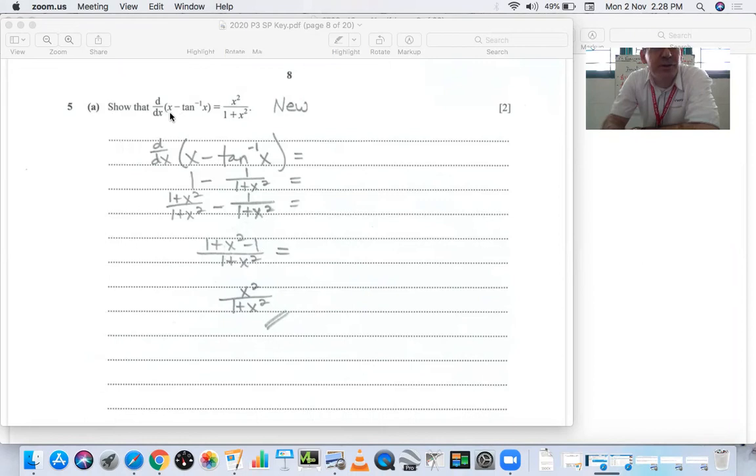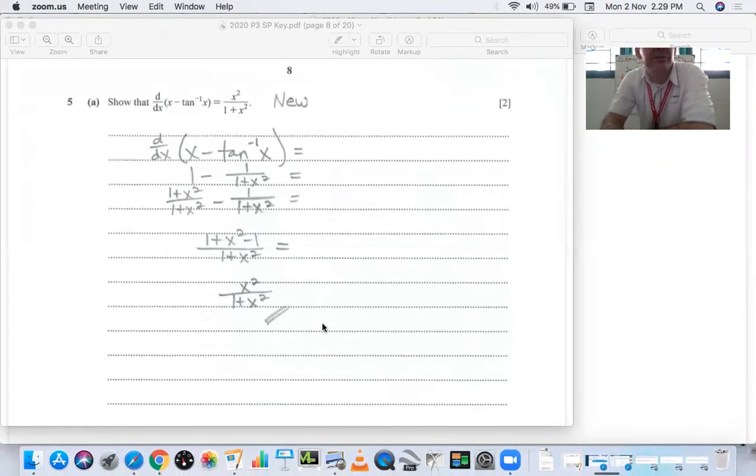Show that the derivative of x minus the inverse tangent of x equals x squared over 1 plus x squared. I identified it as part of new material in our 2020 syllabus cycle. So first we do the derivative of x minus the inverse tan of x.